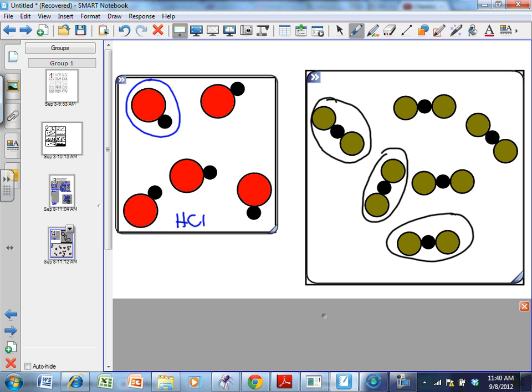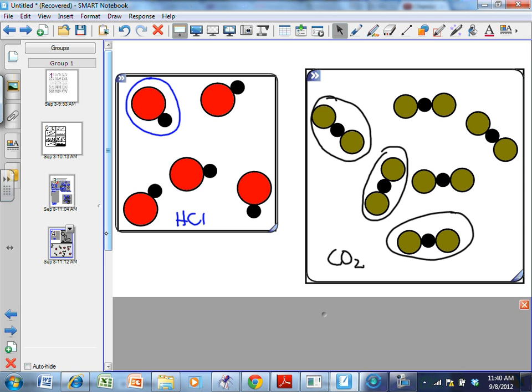So this could be like carbon dioxide, like a CO2 compound, where the little guy in the middle is the carbon and the bigger guy on the outside is the oxygen. So again, each one of those is a molecule of a compound, and it's a pure compound. We don't have any mixtures.